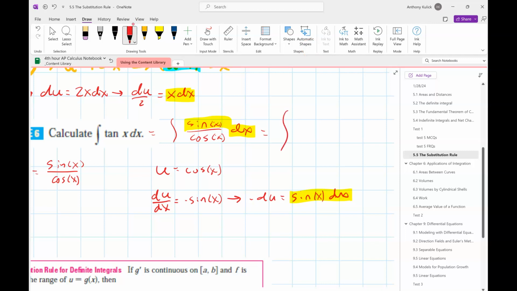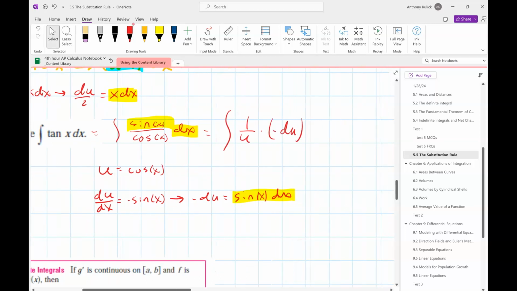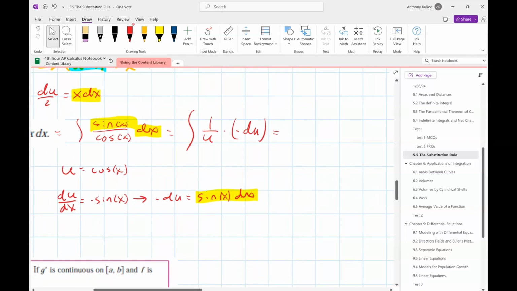Okay, so we have integral 1 over u times negative du. What's the antiderivative for 1 over u? Well, I guess I'll do that. Anybody remember?